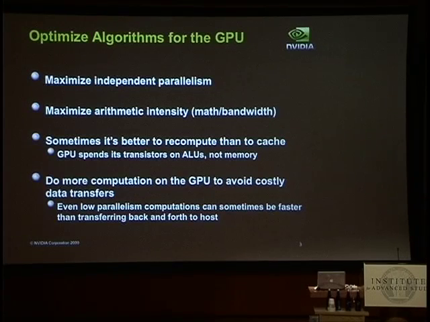Say you have a particularly non-parallel, clearly serial, branched, complicated bit of code that you think you have to do back on the CPU. If it involves moving a bunch of data and then bringing it back to the GPU, let the GPU run it in serial, because the communication time will kill you. Even if it's not elegant, it's going to be a lot faster.